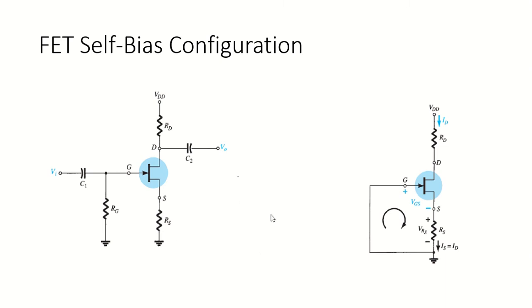So in doing the DC analysis of this configuration, again, the capacitors are replaced with open circuit, and the resistor RG as well is replaced by a short circuit, since IG is equal to 0 amperes.